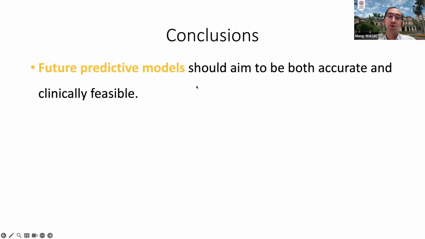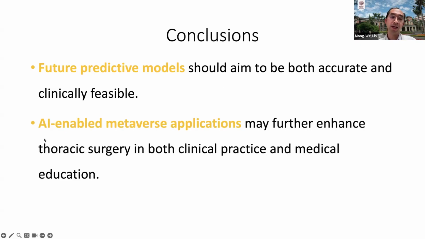The future predictive model should aim to be both accurate and clinically feasible. And finally, the AI-enabled metaverse application may further enhance thoracic surgery in both clinical practice and medical education.